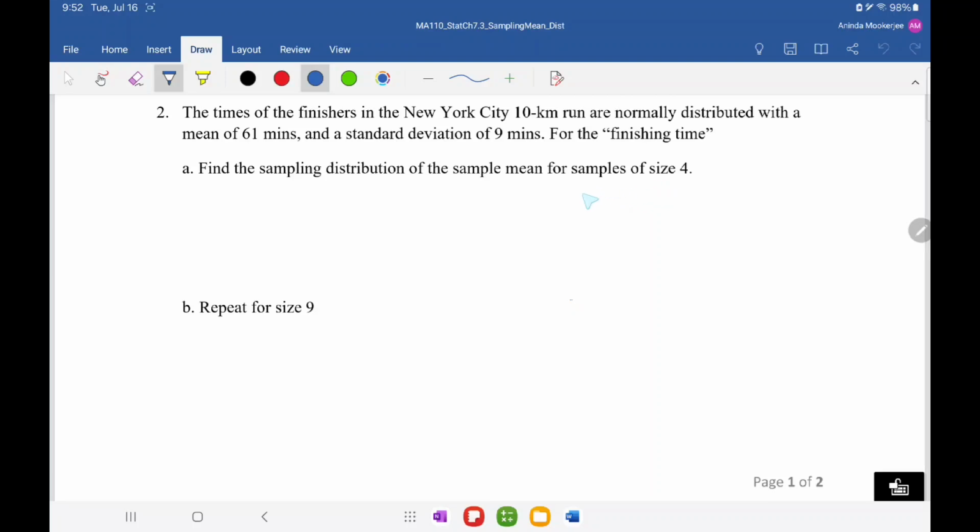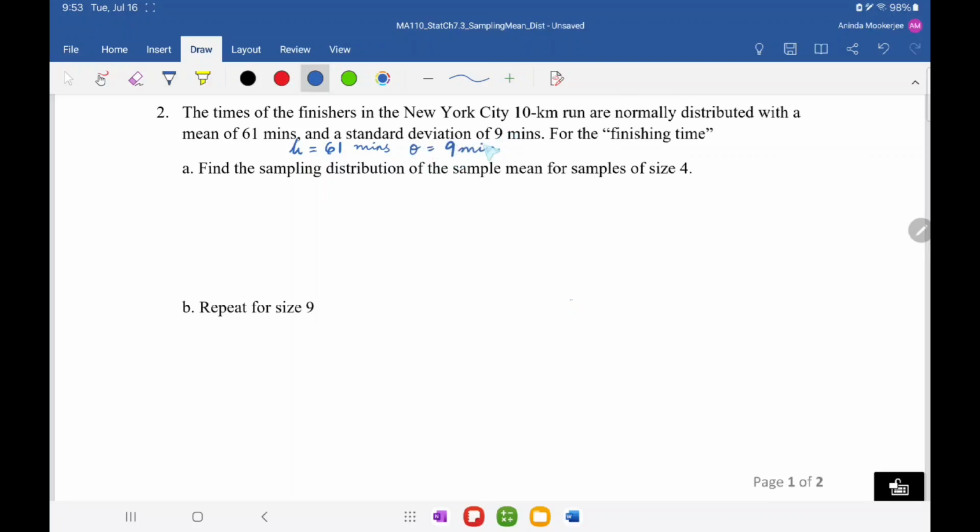All right. So the question here says that the finishing times are normally distributed with a mean of 61 minutes and standard deviation of 9 minutes. So I'm going to write down the data. Mu equals 61 minutes and the standard deviation is 9 minutes.